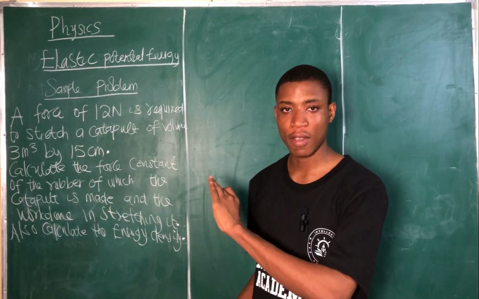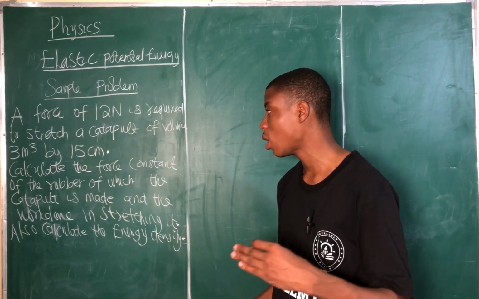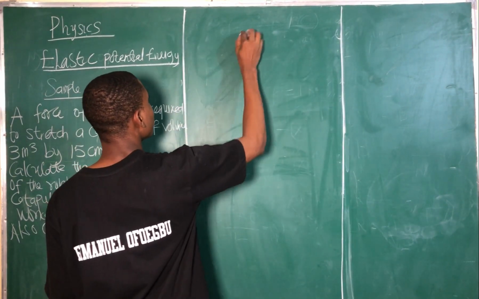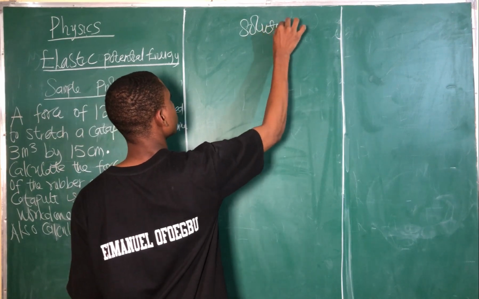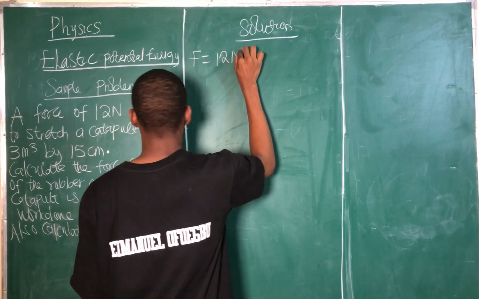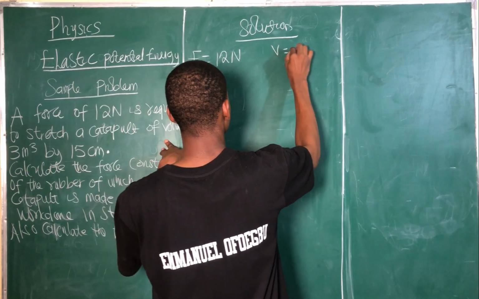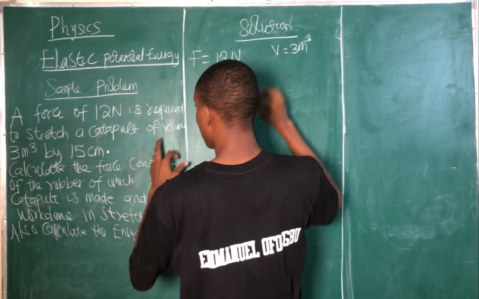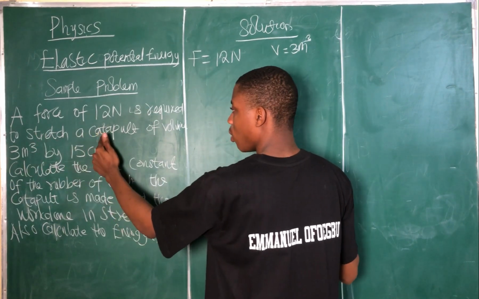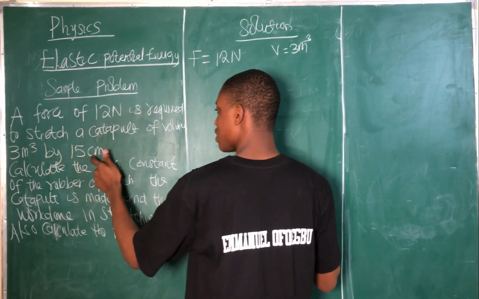First of all, we have to write our given parameters. So what are we given then? We have to read this question again, and we have a force of 12 Newton. So therefore, under solution, we are given force as 12 Newton, and we are given a volume of 3 meter cube, and an extension, because it is required to stretch a catapult of volume 3 meter cube by 15 centimeter.